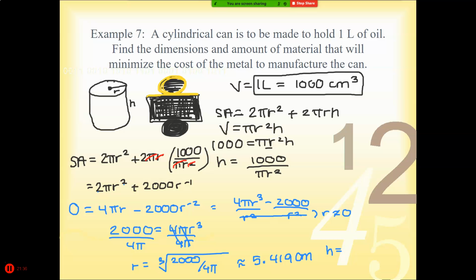Actually, more like 10.845. Sorry, I tried to do that in my head. So we have our radius and our height.